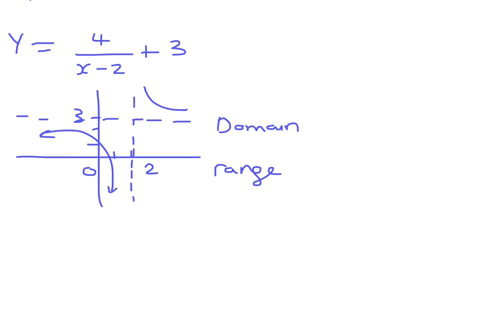When you're looking at the domain of this, we're looking at for what values of x is it true. We've got curve down here, so we've got negative x, we've got 0, all the way up to 2. Then we have nothing at 2, and then anything greater than 2, we've got curve again. So we have x values for everything except x equals 2.